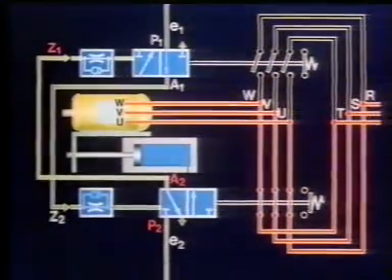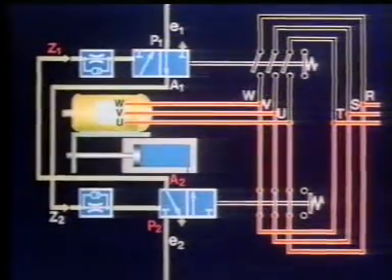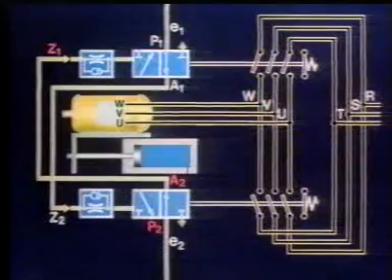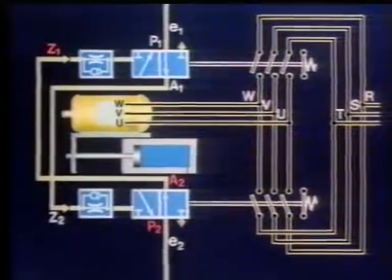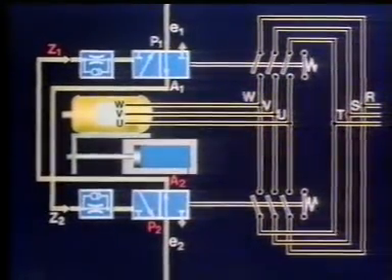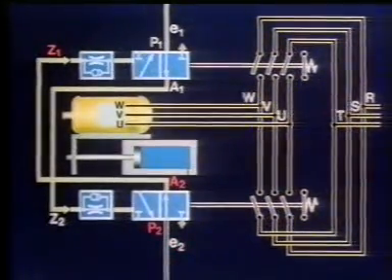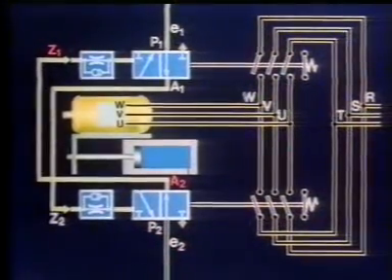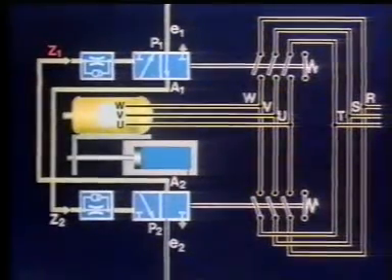Signal E1 is removed. As a result, the contactor for clockwise operation returns to the initial position. The motor is dead. The signal E2 for counterclockwise operation can now be fed via P2 and A2 to Z1.